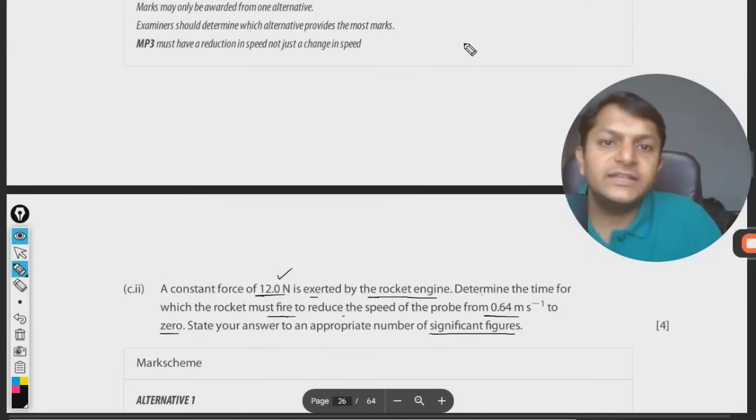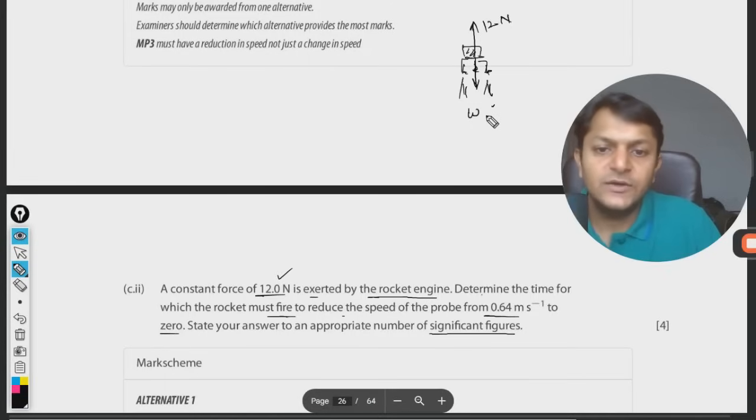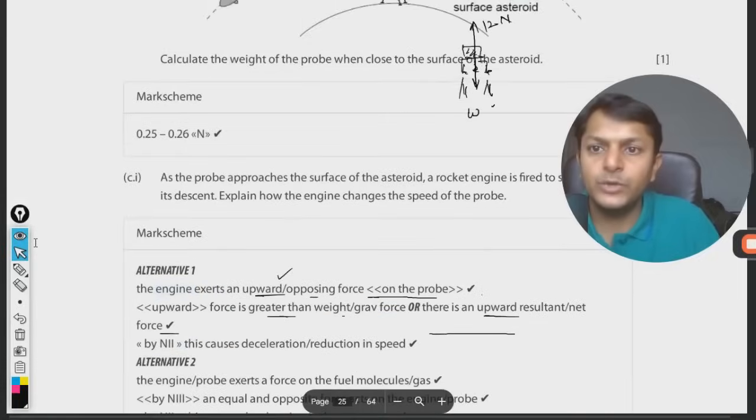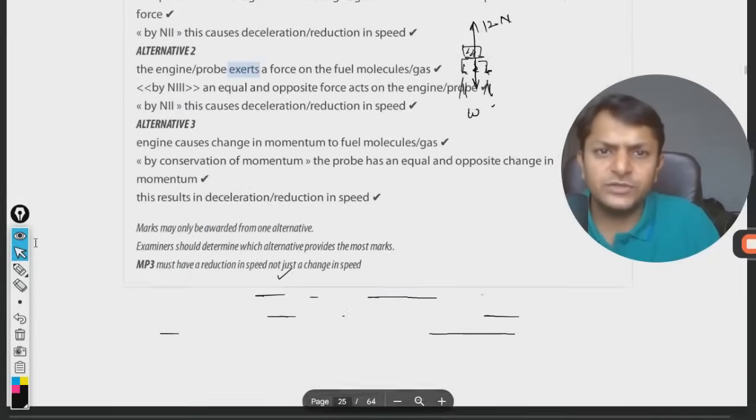So this is the probe now, let's say, and this is the rocket here, yeah, and the rocket is shooting. So there is a weight here, okay, and there is an upward force which is 12 Newton, and we just found the weight. What was the weight of this probe? 0.25 Newton, let's say.